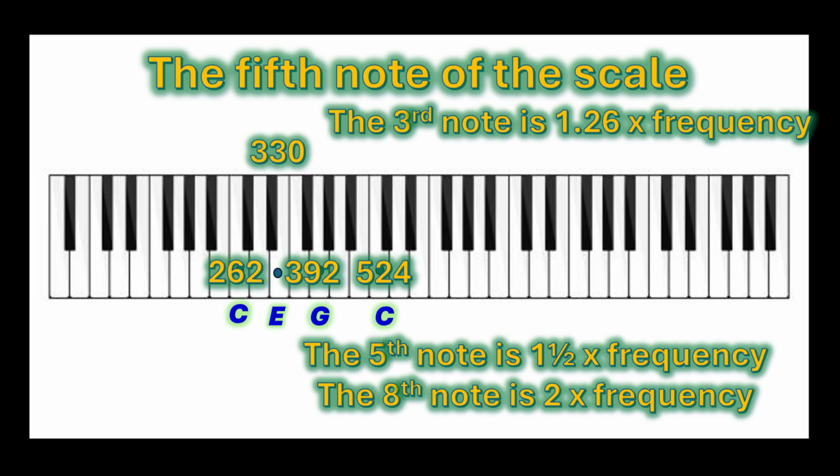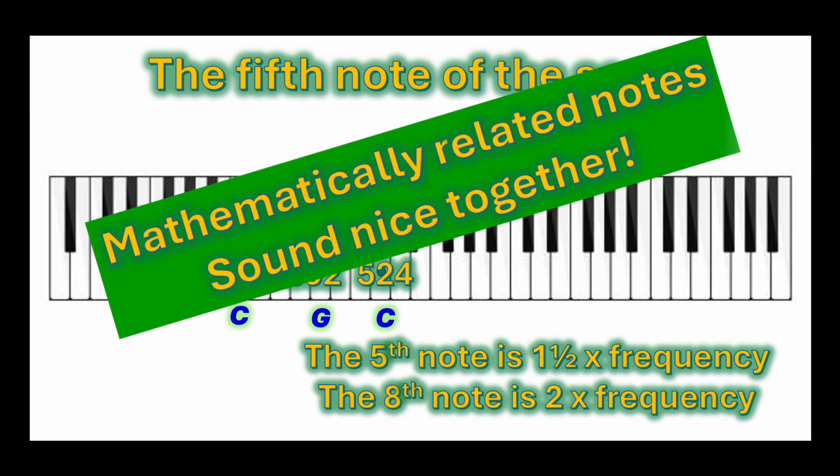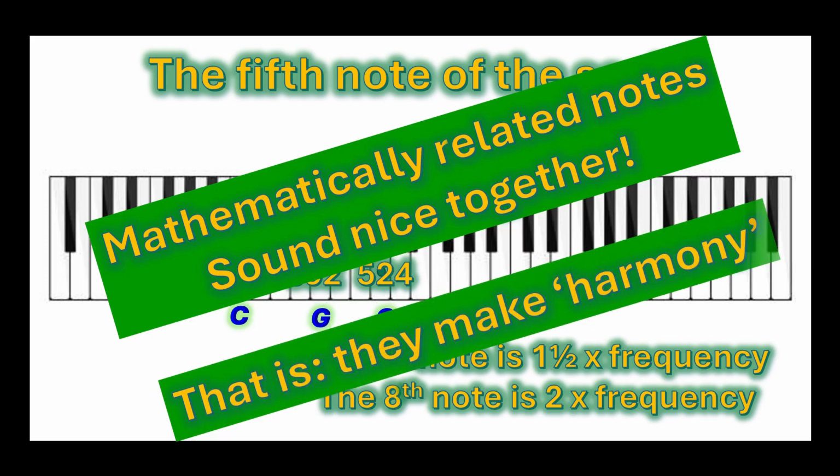It does not matter which note you start on a keyboard. If you're playing a diatonic scale, the first, third, fifth and eighth notes will have frequencies that are carefully related to each other. And because they are mathematically related, they sound nice together. That is, they make harmony. Let me summarize.